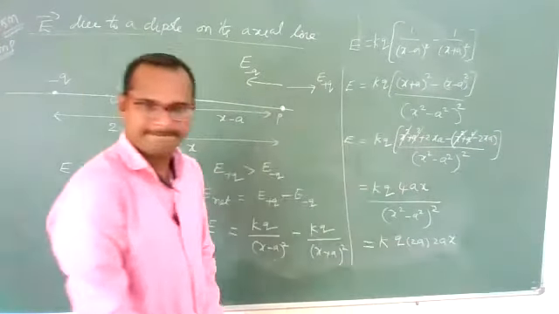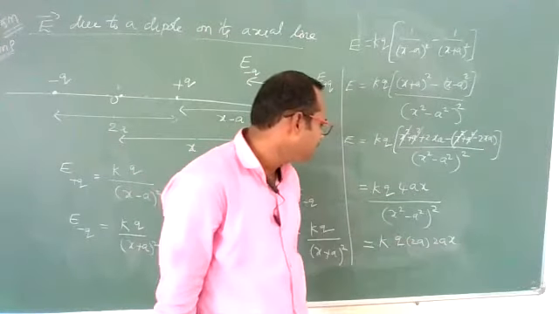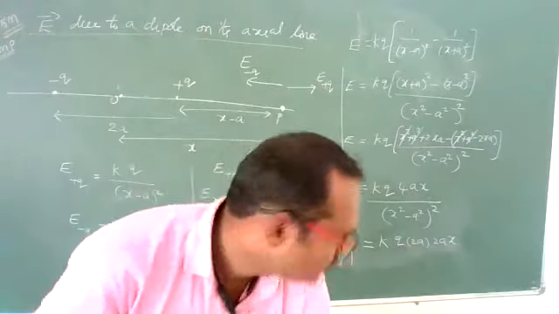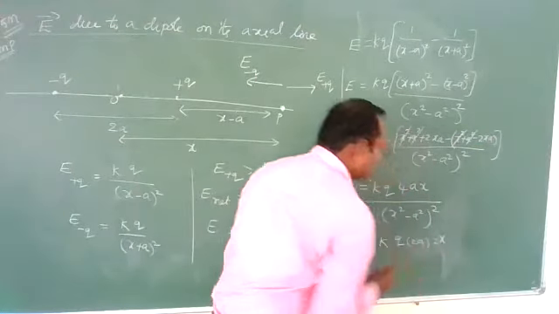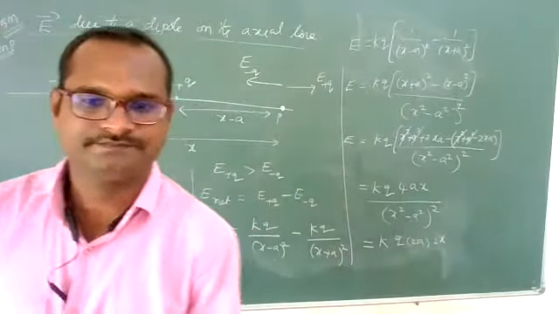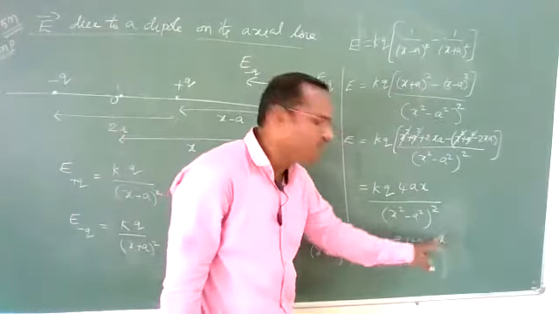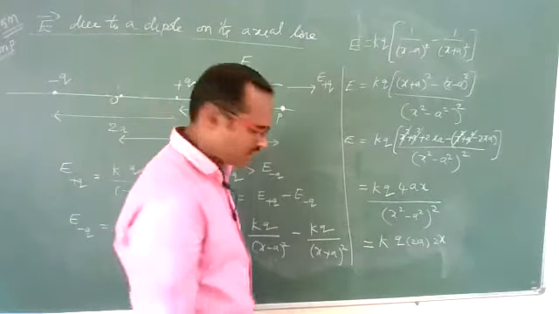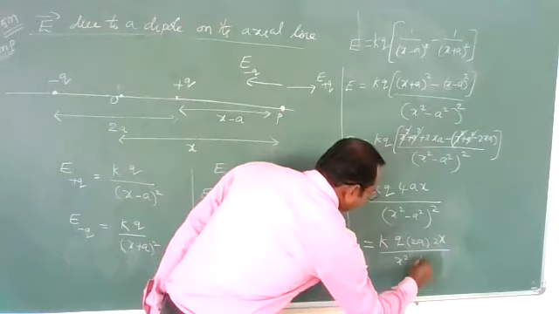Can we write 4a as 2a into 2? Yes, we can. Divided by (x square minus a square) whole square.